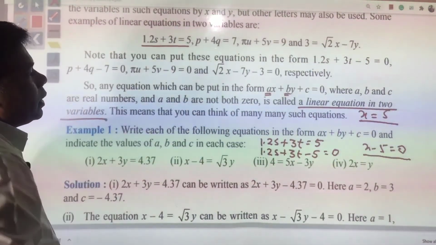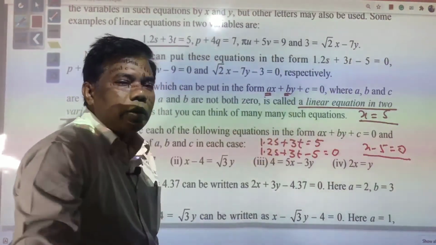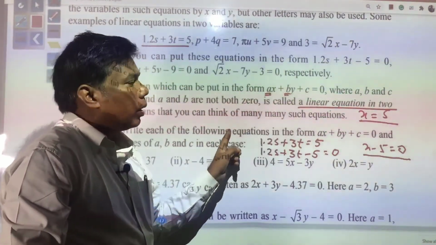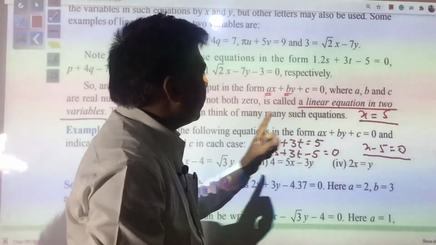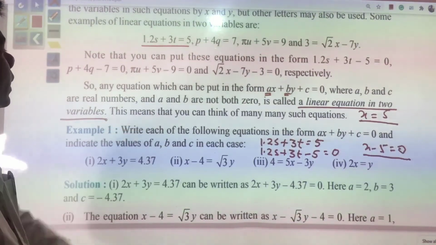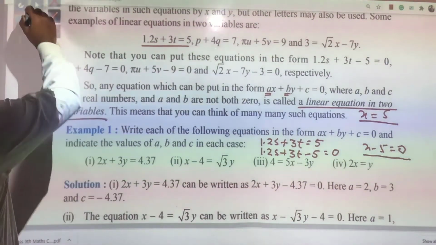So, any equation which is in the form of ax plus by plus c is equal to 0, where a and b are real numbers and a and b must not both be 0, is called a linear equation in two variables. This means that many such equations can be formed.